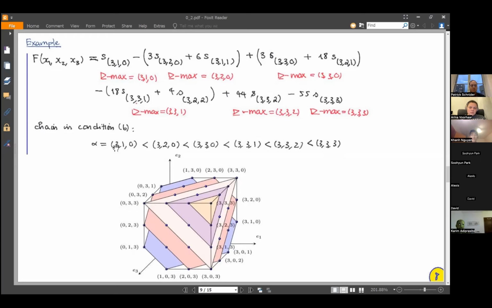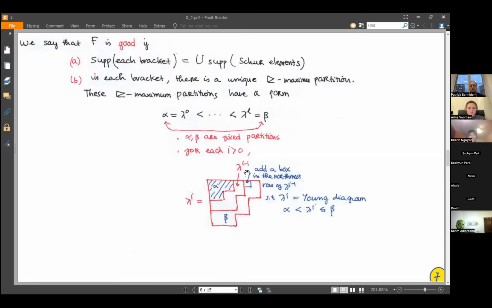And now we can construct the set of all partitions between alpha and beta, so that they satisfy condition B here. So lambda i is obtained from lambda i minus 1 by adding a box in the northmost row of lambda i minus 1, so that the result is still a Young diagram, and it is contained in the interval between alpha and beta.